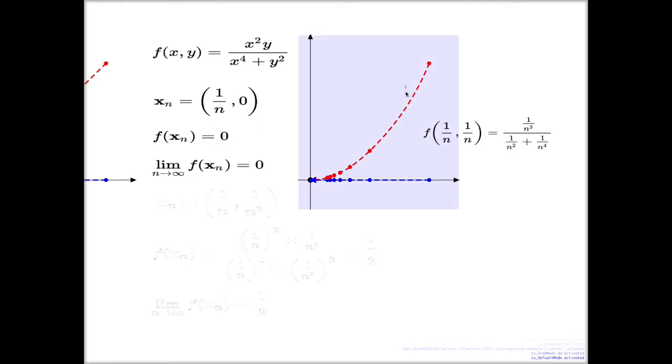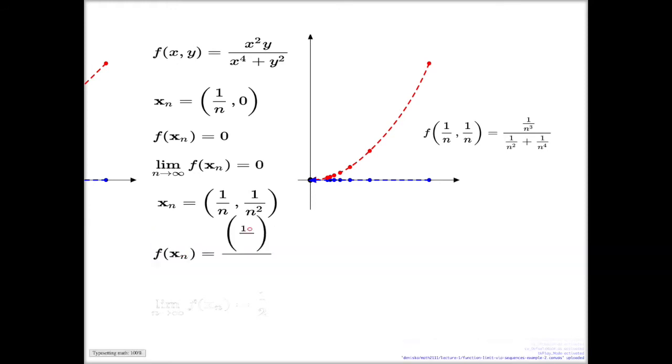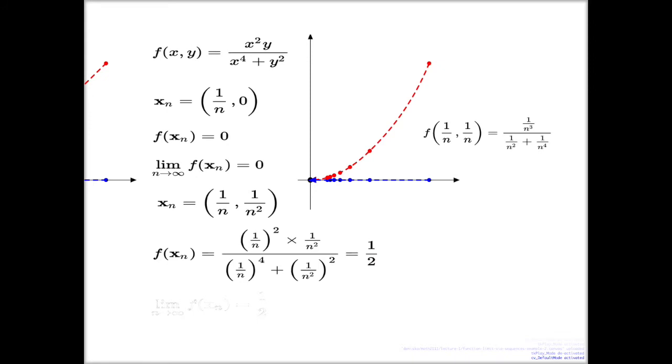But if you take the approach along the parabola, 1 on n squared, and do the computation for this approach, that's how the function will look in this case. And that is 1/2 again. So this time again, we managed to find two approaches which deliver different values, and that's why we can conclude again that the limit of this function when you approach 0 does not exist.